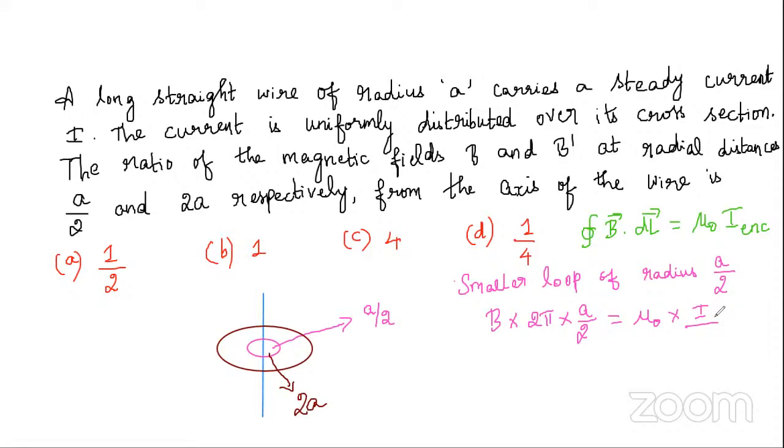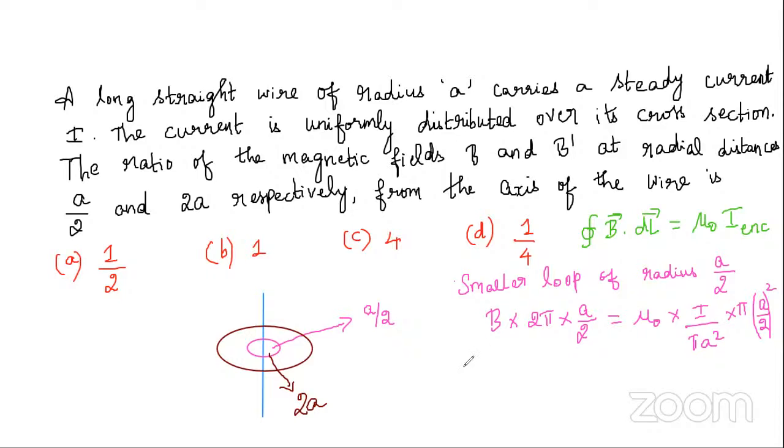The overall radius is a, so the current per unit area is I divided by pi a square. So I enclosed is I divided by pi a square into pi into a by 2 the whole square.